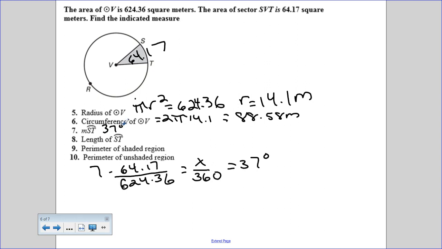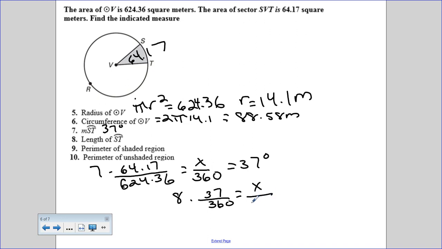For number 8, I'm going to use what I just found. I'm going to say 37 over 360. This is actually the second half. So I just flip-flopped my ratio, but it's okay. Equals x.